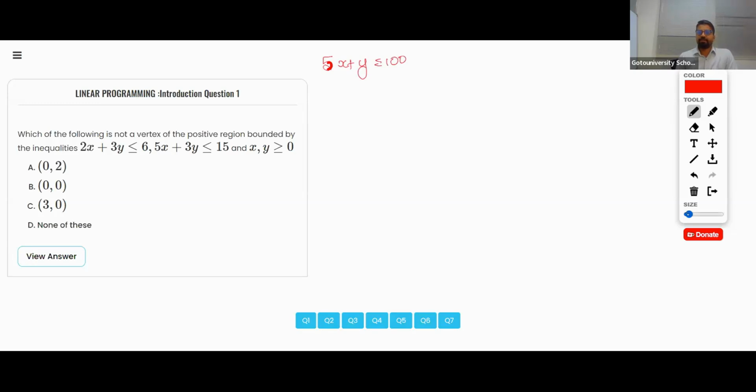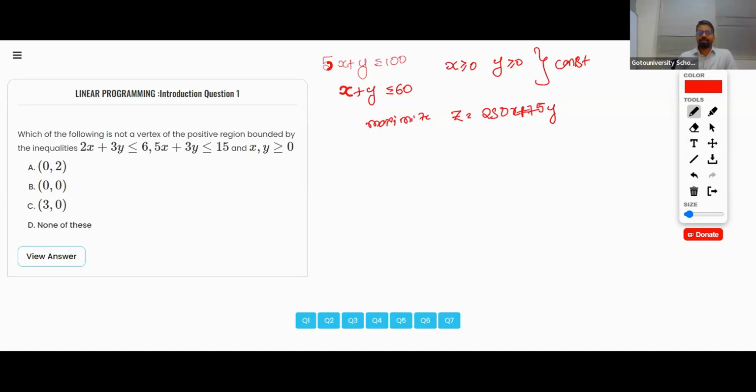Next, x plus y should be less than or equal to 60, and x should be greater than or equal to 0, y should be greater than or equal to 0. So these four things are constraints. And the objective function was to maximize z equal to 250x plus 75y.